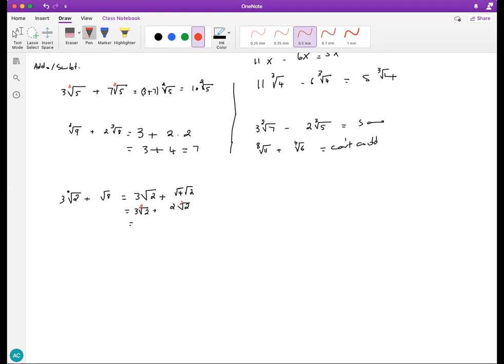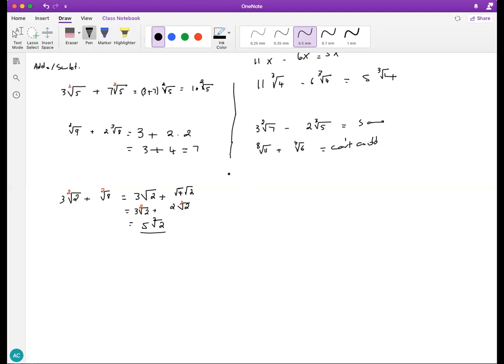Okay, so the invisible index here means it's 2. Now what is this equal to? 5 radical 2. Yeah. Exactly. 3 plus 2 is 5 radical 2. So the index stays the same. Also the radicand stays the same. So that's your final answer.